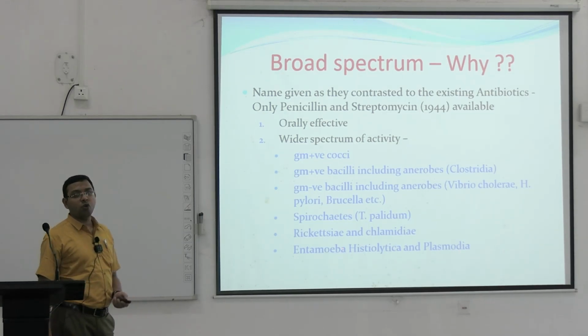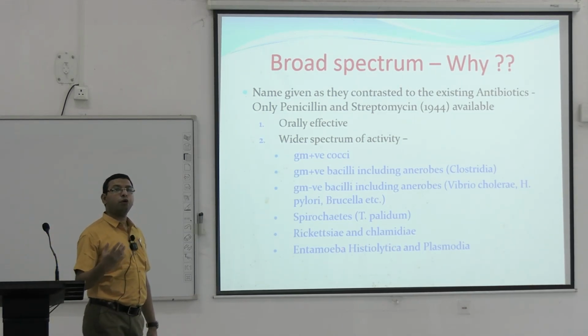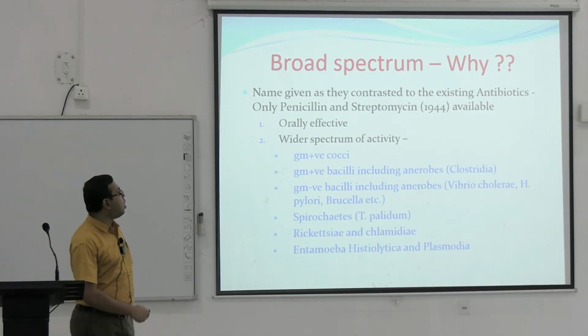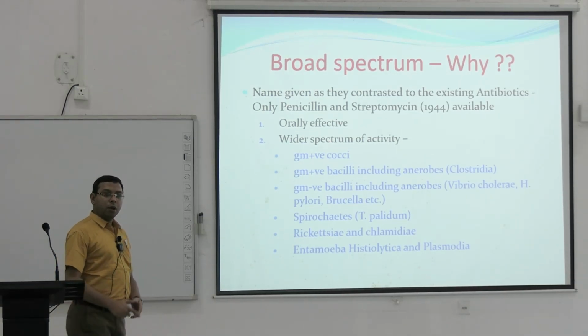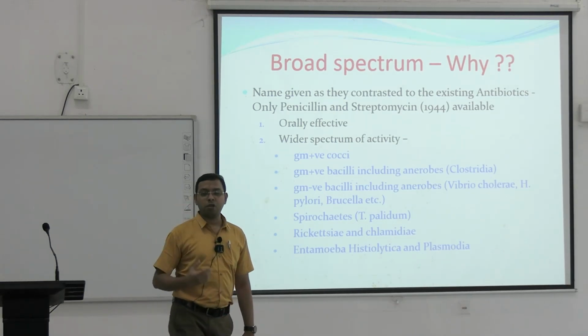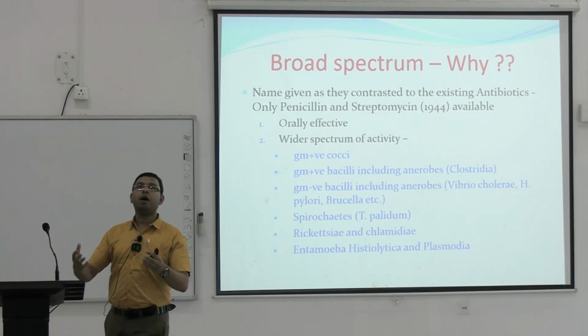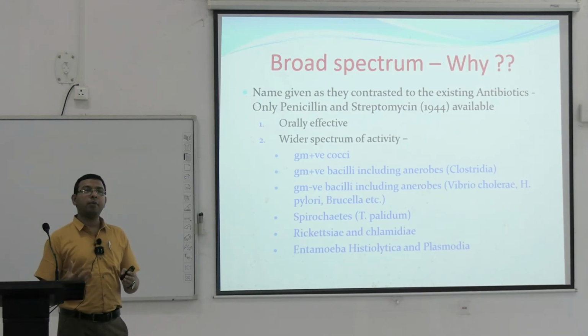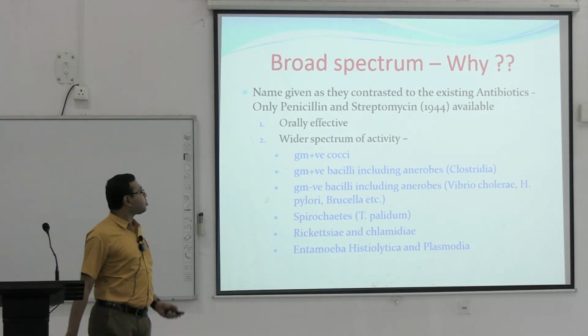These are the protozoa. That is, some have some anti-protozoal actions also, and they are orally effective. So if you are asked what is the difference between broad spectrum or narrow spectrum antibiotics, or why these antibiotics are called broad spectrum antibiotics, all this is to be told.